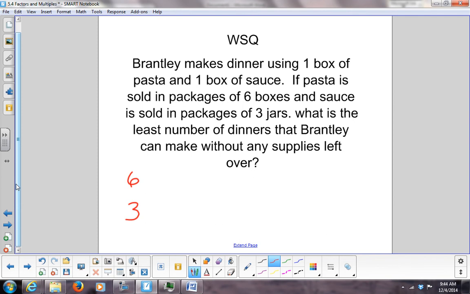How'd you figure that out though? The multiples? Okay, so list the multiples. 6 times 1 is? 6. 6 times 2 is? 12. 6 times 3? 18. How about 3? 3 times 1? 3. 3 times 2? 6. 3 times 3? 9. Okay, what is common in these? 6.